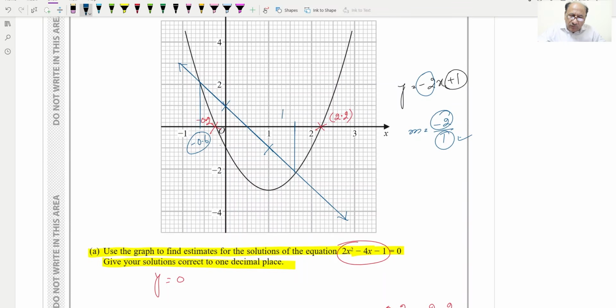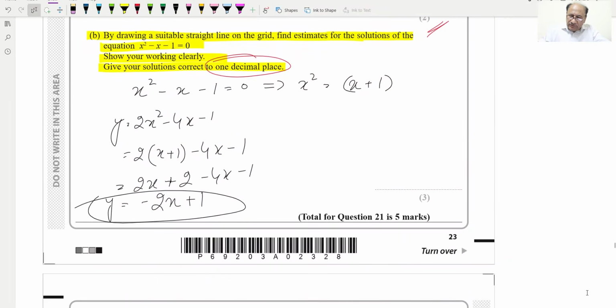So it will be 1.6. So we can write minus 0.6 and 1.6, and this is the 3 marks question which we have done.